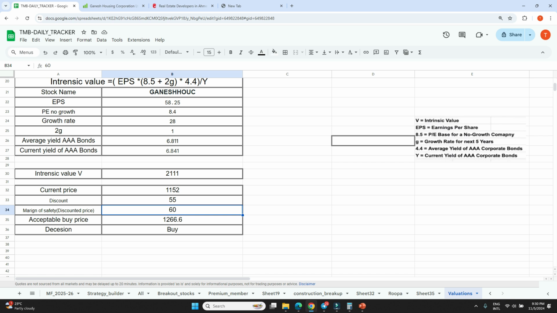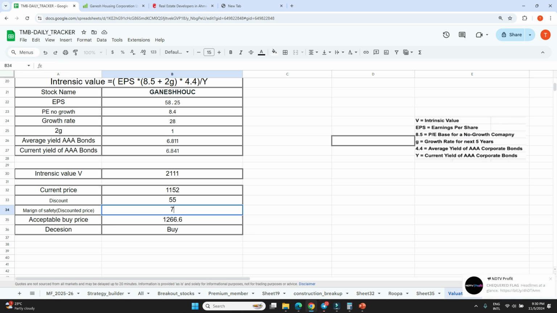The current price is this one. As per my 60% discount, the accepted buy value is 1266. Up to 1266 I can go for the buy level. If the stock runs up beyond this, there will be a probability of correction.